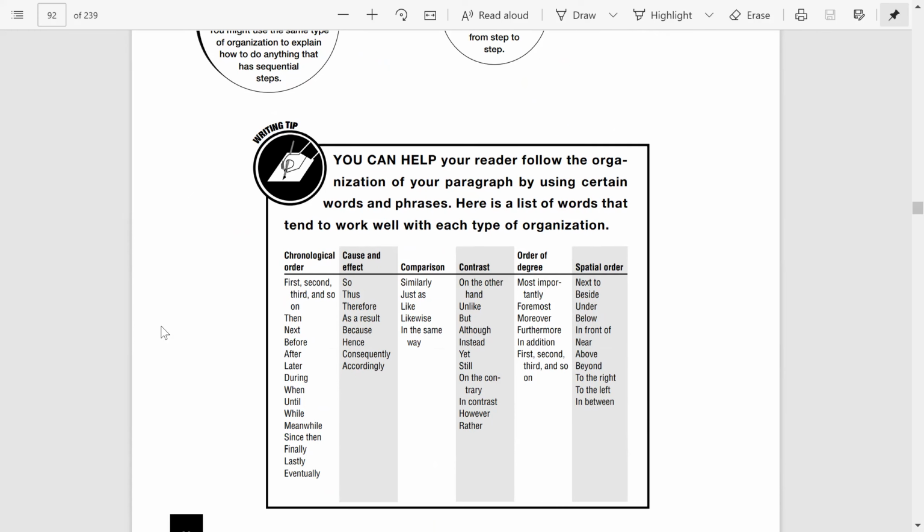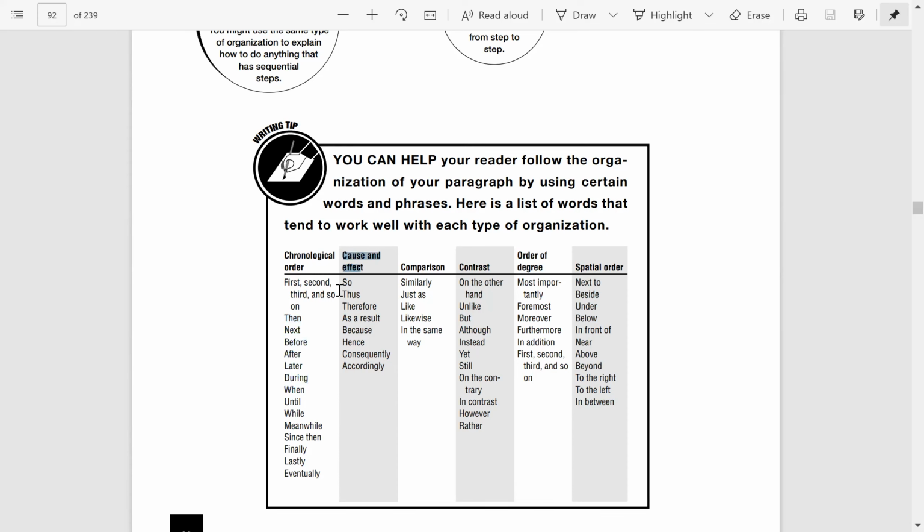In order to make your paragraph more organized and coherent, and to create cohesion and coherence in your paragraph, you must be using these words and phrases. For example, for chronological order, you can use first, second, third, and so on. Between sentences, in order to connect two sentences, you can use these words and phrases, and within one sentence, you can also use these as well.